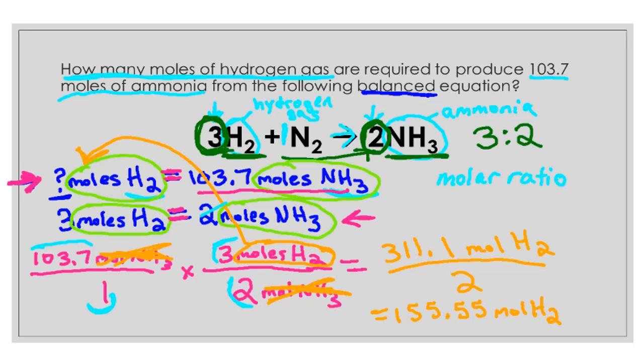That doesn't count in the sig figs. The only one that we count is this 103.7, which is 4 sig figs. So we need to round this 155.55 to 4 sig figs. So 1, 2, 3, 4. This 5 turns the 5 into a 6. So we have rounded to 155.6 moles of H2. And that's your answer.